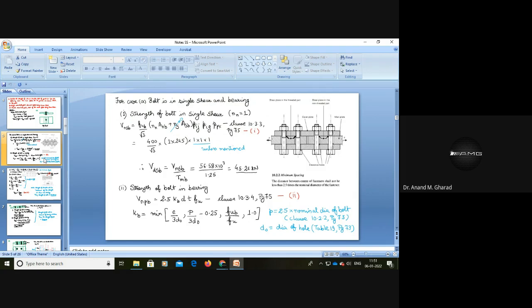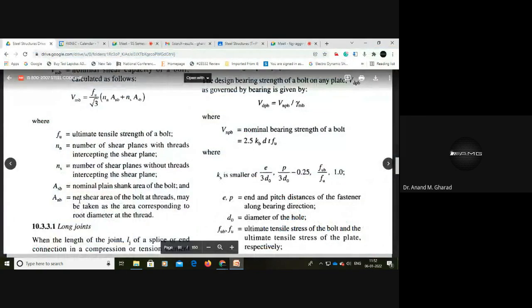Can you please let me know the value of area? 314, isn't it?